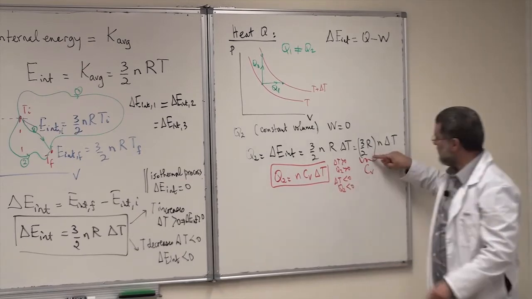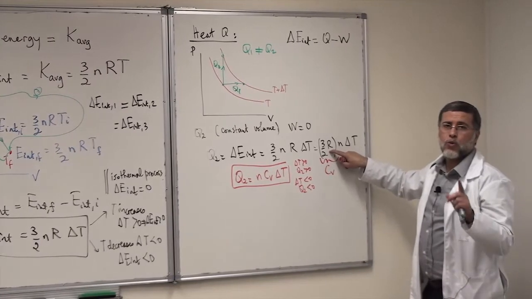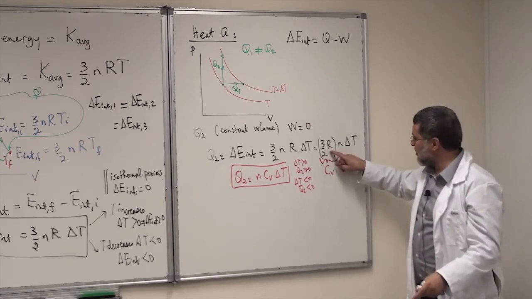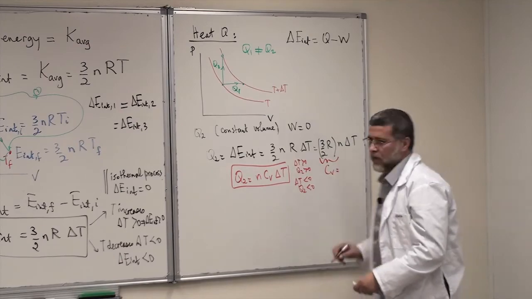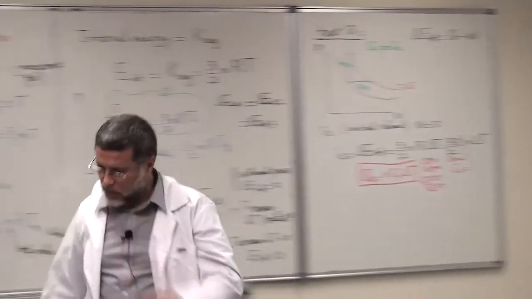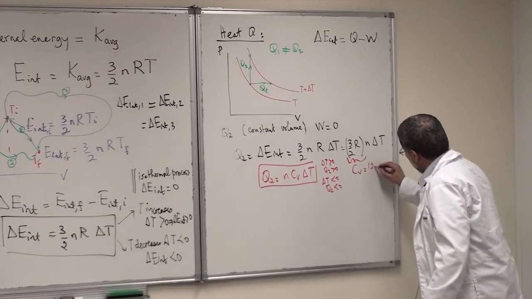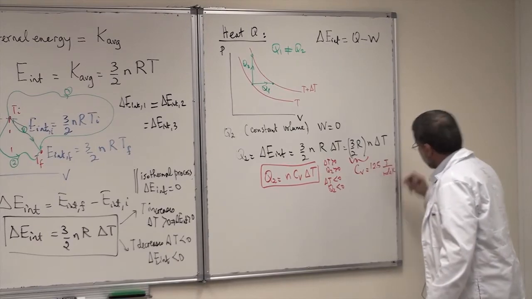And remember that CV is equal to 3/2 R. This is a constant, and this is true for monatomic gases, such as helium, argon, xenon. This is the value for CV. And actually, I can give you this value if you do the multiplication. That value is exactly 12.5 joules per mole Kelvin.